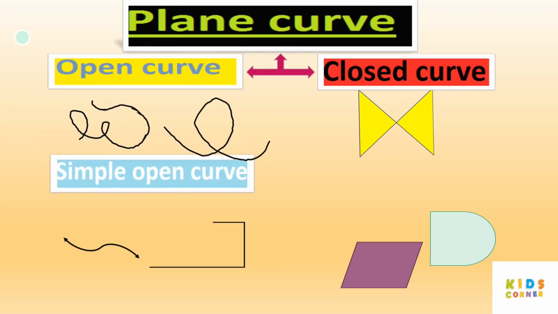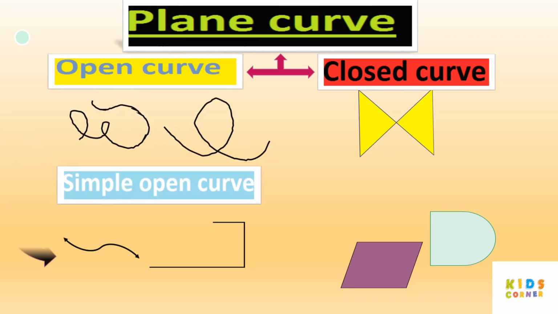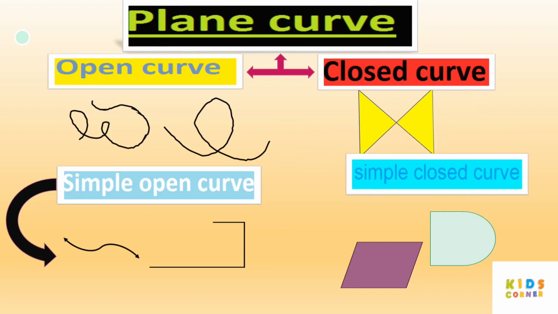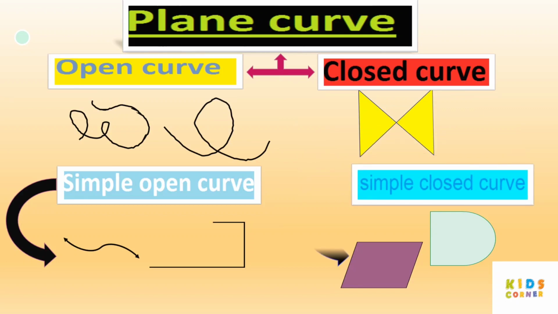If the open curve does not cross itself, then it is called a simple open curve. In the same way, if a closed curve does not cross itself, it is called a simple closed figure.